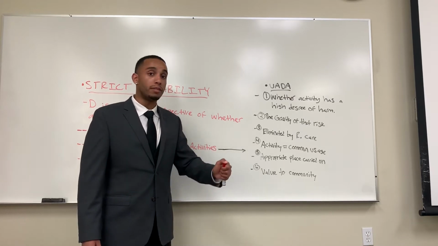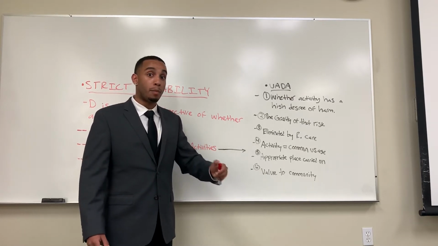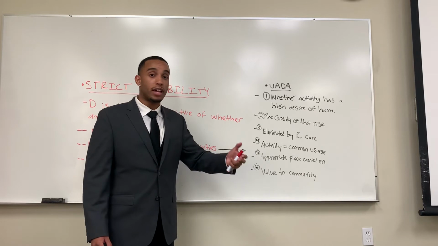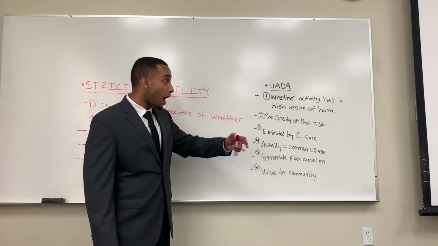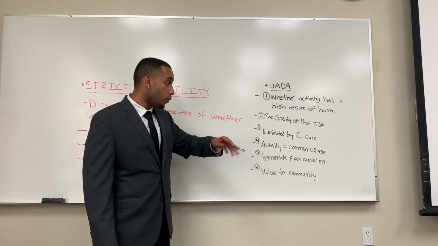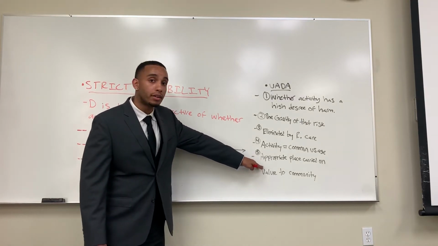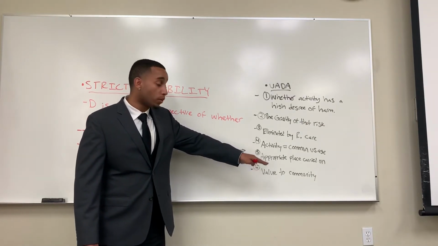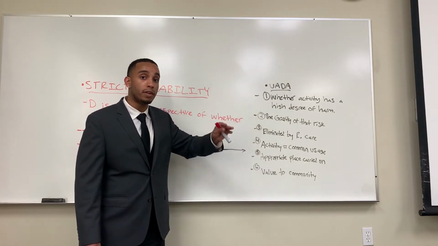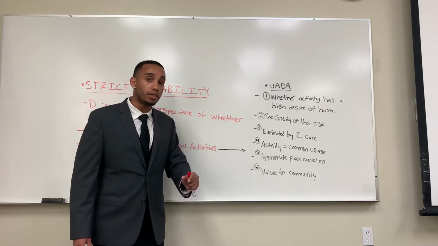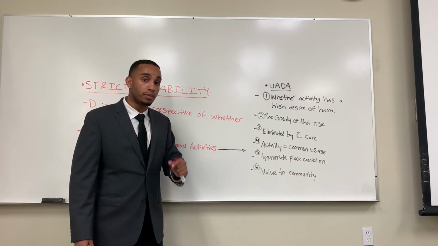However, an explosive close to a populated area, let's say Santa Ana or Los Angeles, very well could have a high degree of risk of harm, and it would not be appropriate because it is more likely that someone could get hurt in a highly populated place. That's an example for number 5.